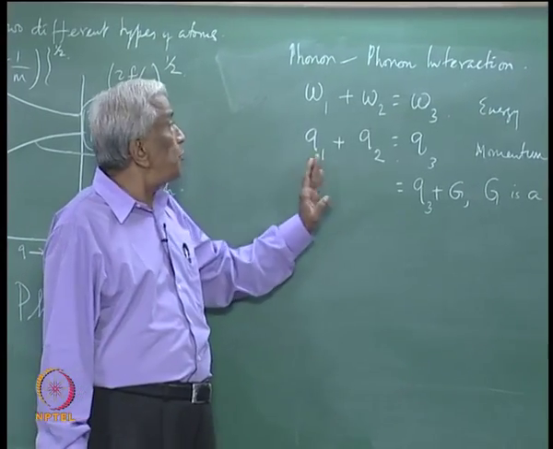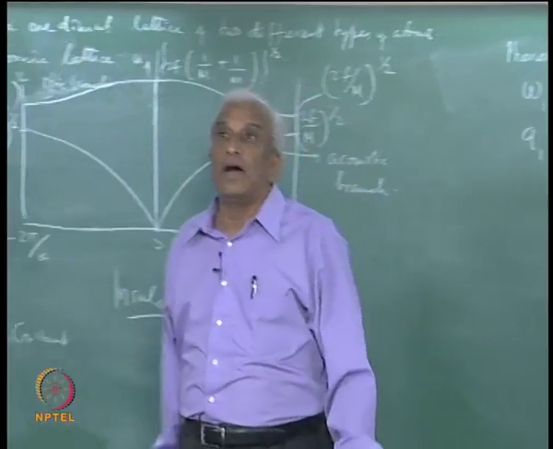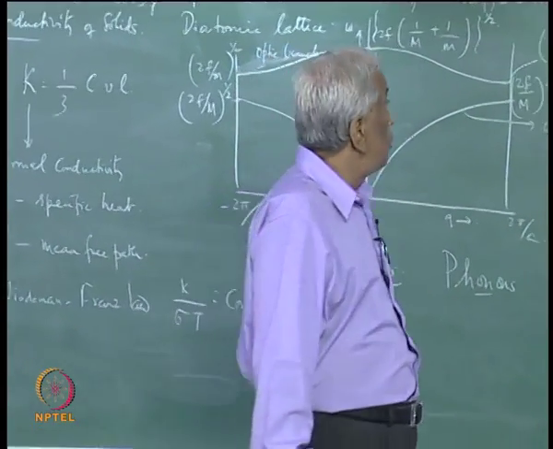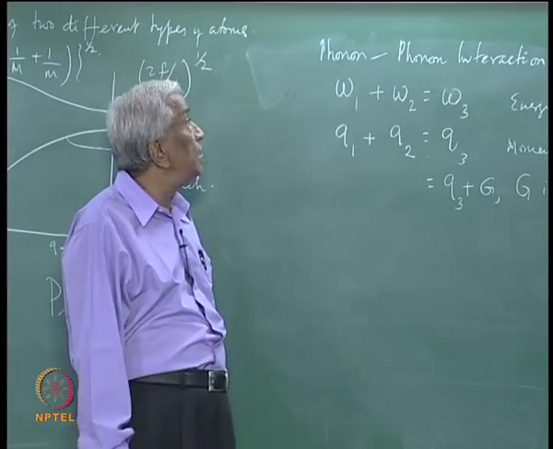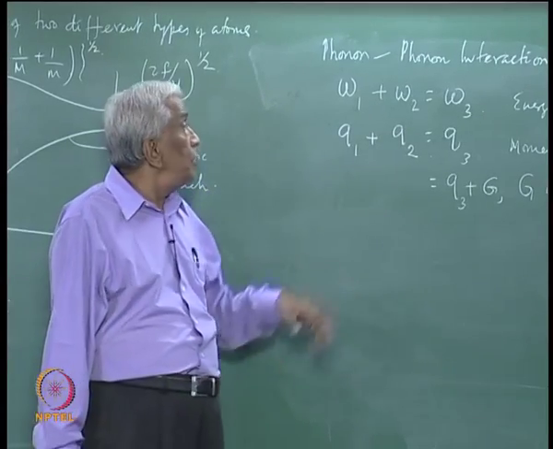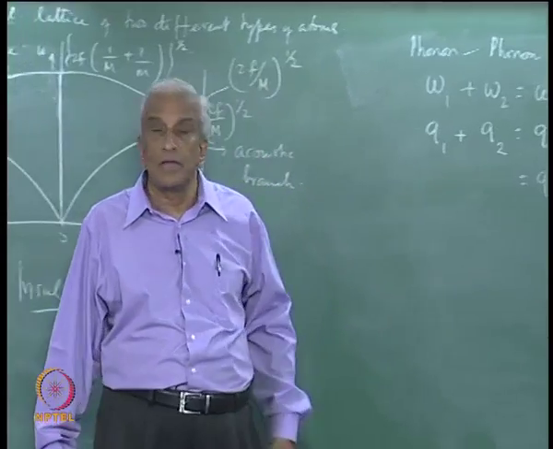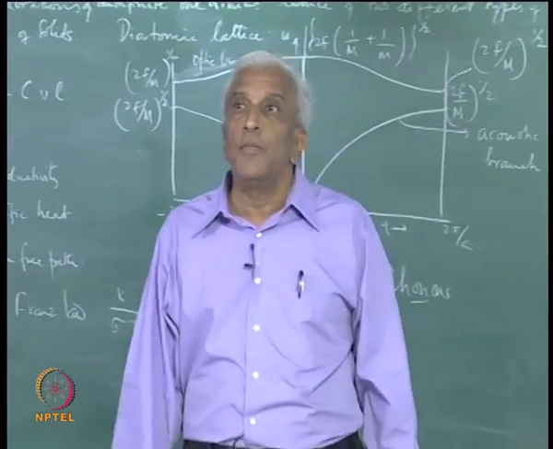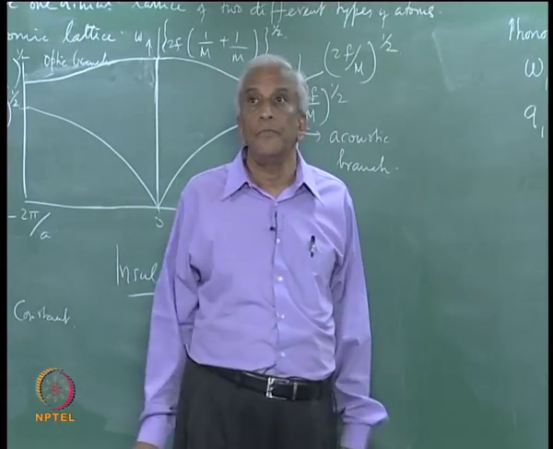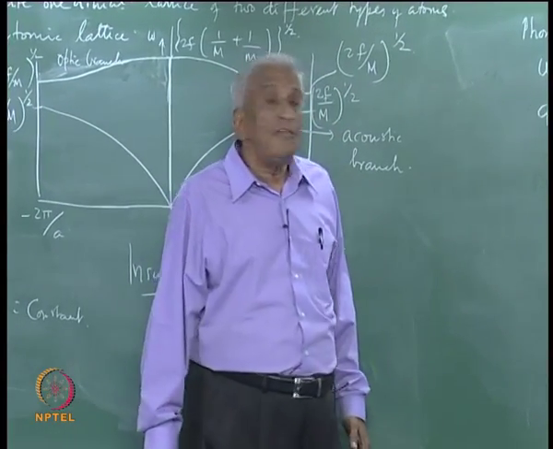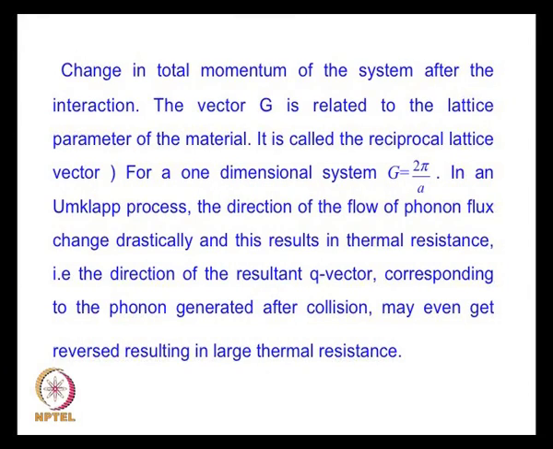This tells you the corresponding conservation of the momenta: h cross q1 and h cross q2 are the momenta of the interacting phonons, which result in the creation of a phonon with momentum h cross q3.